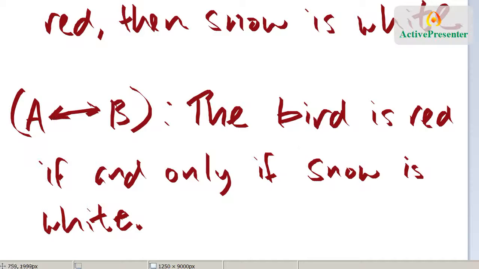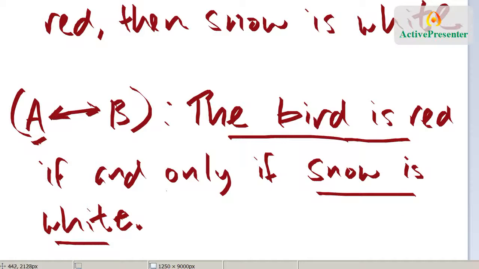So when we're translating it, the A statement, or the first letter, comes before the if and only if, and the B statement, snow is white, comes after it. If and only if is not an expression or phrasing we use too often in English, but it's very important in propositional logic, as we'll see.